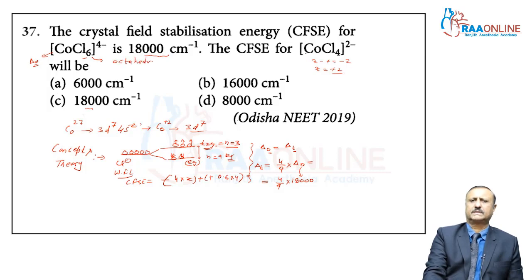And an octahedral complex is represented by delta O. Here there are 4 ligands, so it is delta T, tetrahedral. And this is the relationship between octahedral and tetrahedral. What is the relationship?